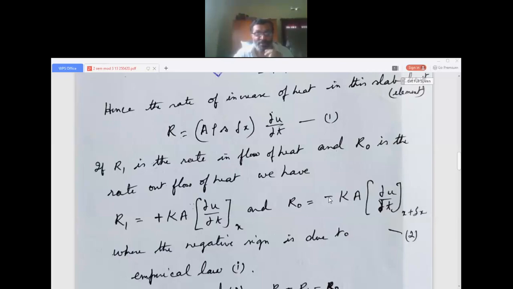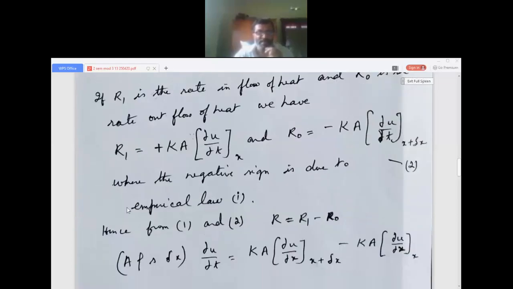R0 is negative because it is the rate of outflow; it is going outside, so negative. So minus K A dou U by dou x at x plus delta x, where the negative sign is due to the empirical law that you assumed. When heat comes inside, it is positive, and when it goes outside, it is negative, and always heat flows from higher temperature to lower temperature.